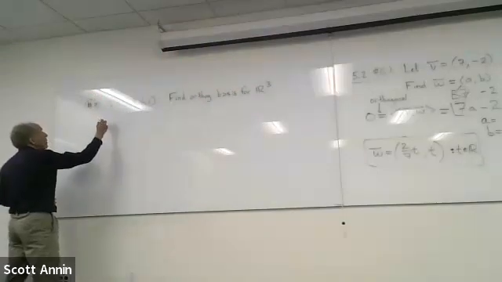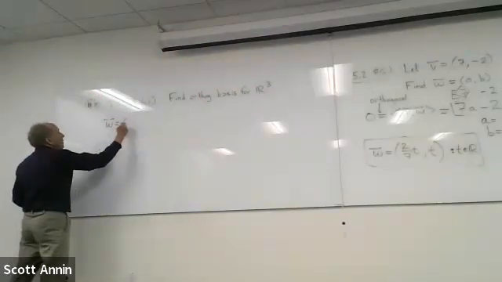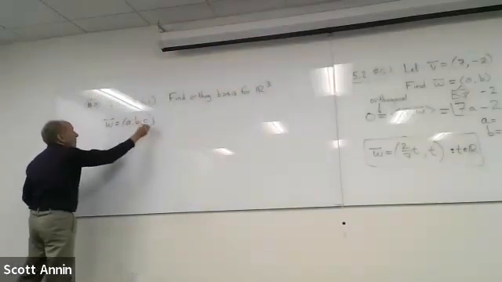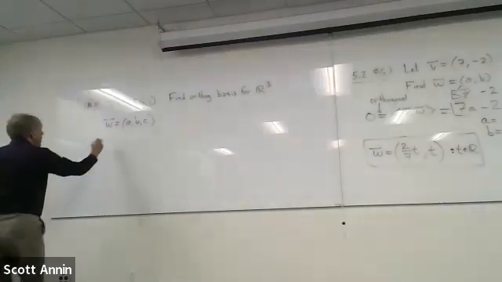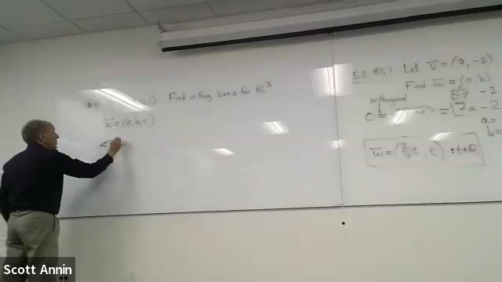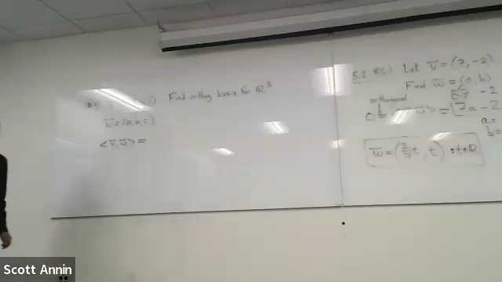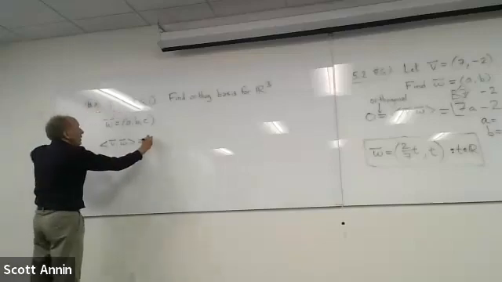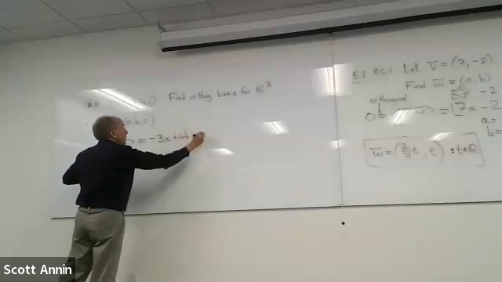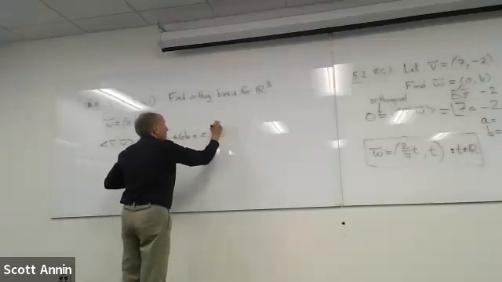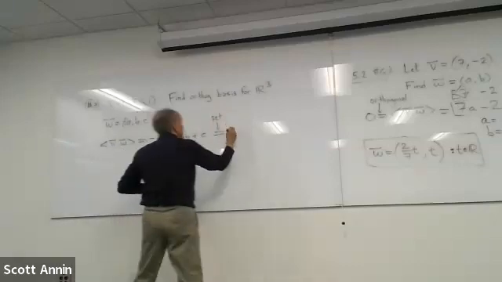I can start off with W equals (A, B, C), and I can once again take the inner product of V with W. Let's just see how this is going to look. I'm just going to do the dot product of V and W. This time, I'm going to get negative 3A plus 6B plus C. And again, I'm going to set that equal to 0.